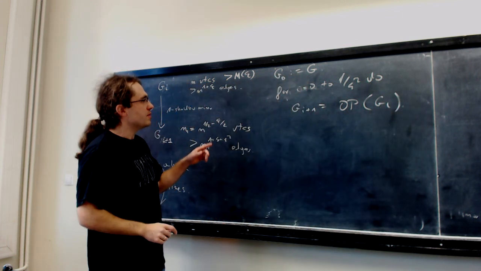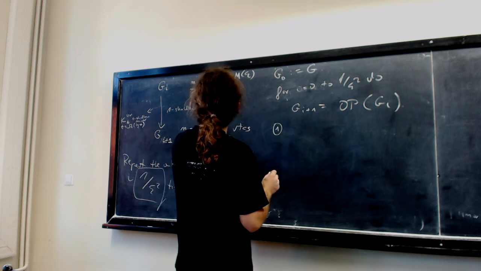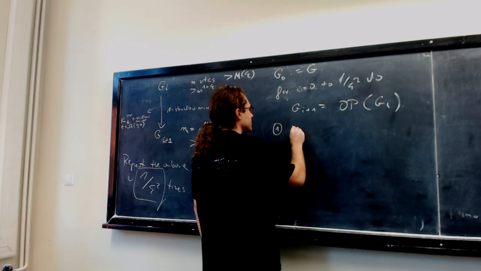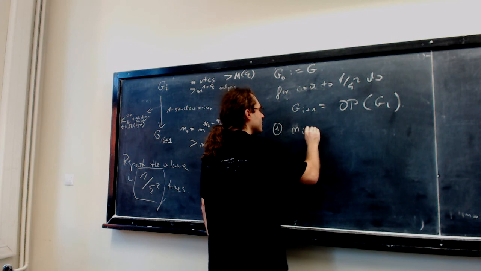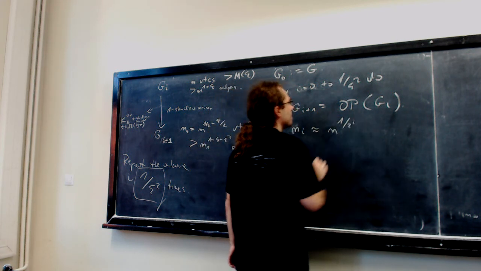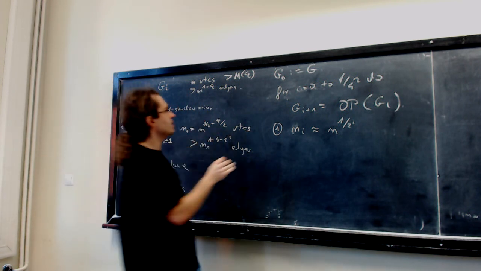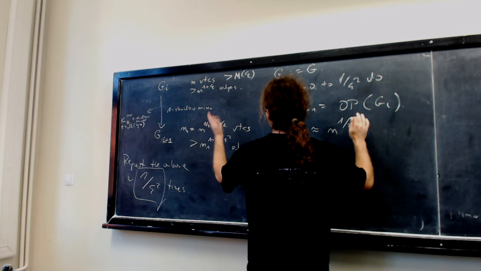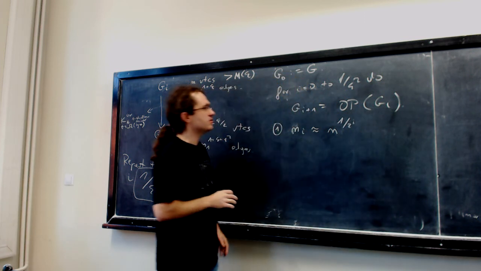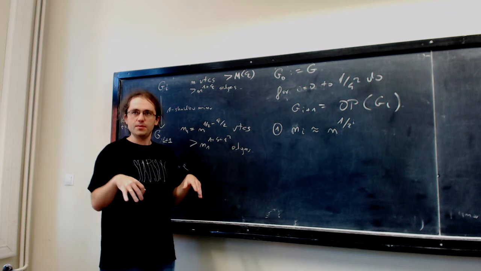Now what happens here? First, how many vertices have we? The number of vertices n_i is roughly n^(1/2^i). I'm ignoring the minus epsilon half, so I'm more or less square rooting the number of vertices at every step.